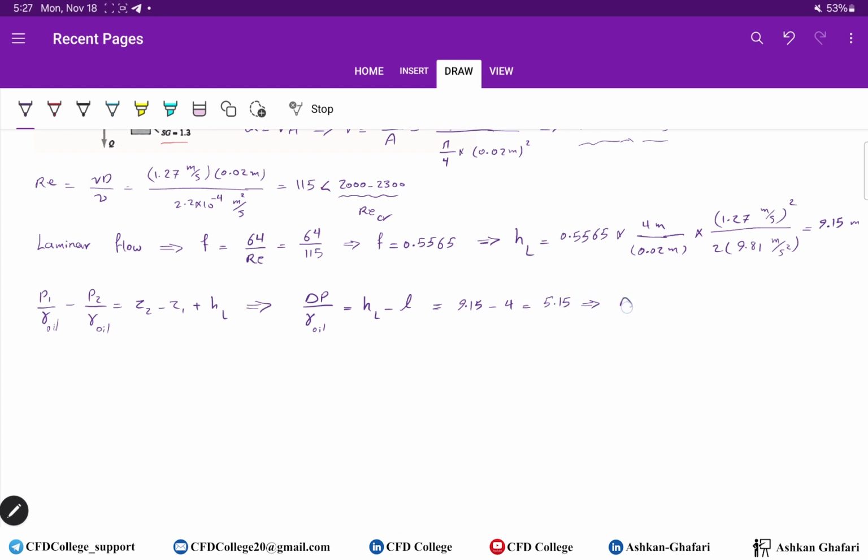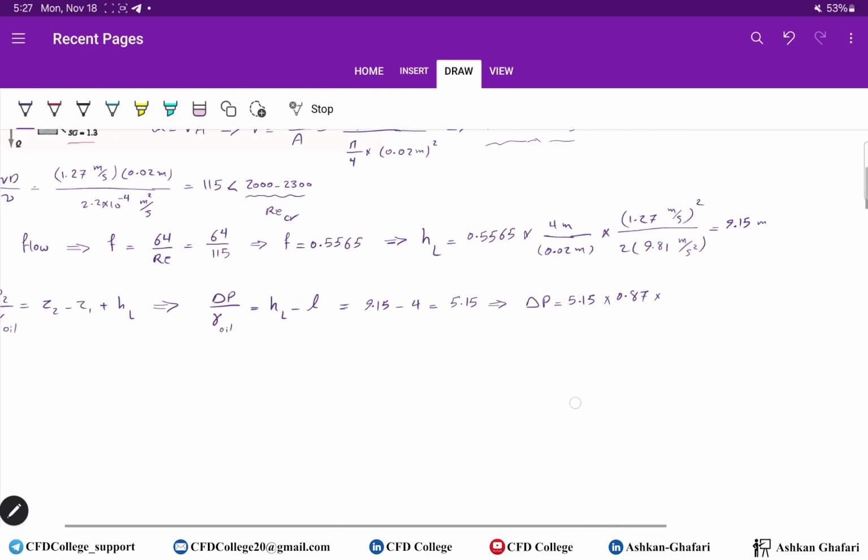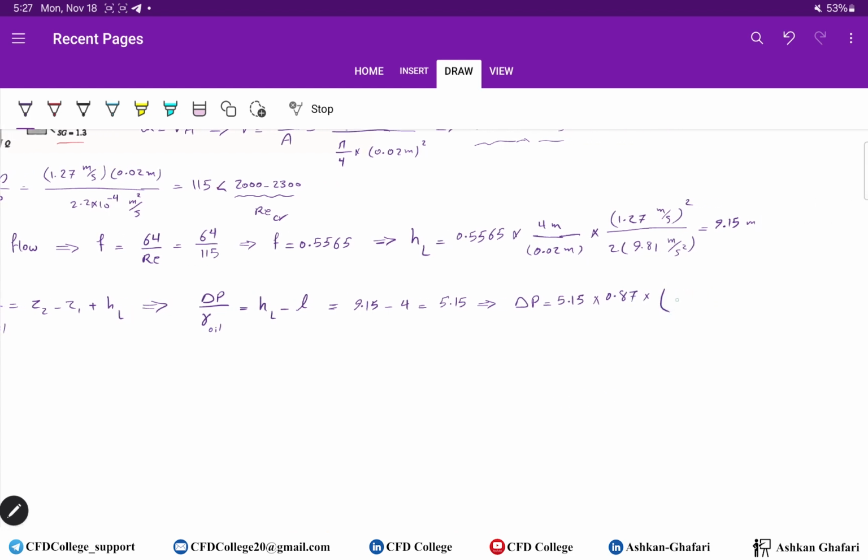So delta P equals 5.15 times gamma of oil, which is specific gravity times gamma of water, which is 1000. Gamma is rho g, kilogram per cubic meter times gravity.